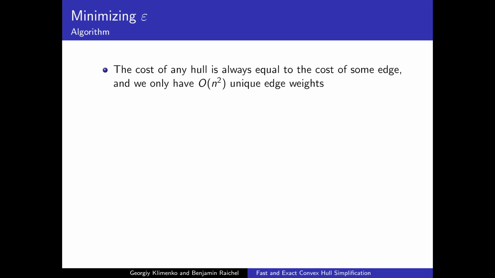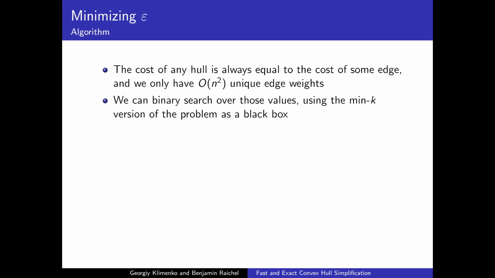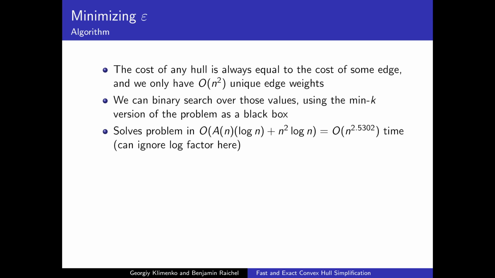So we can compute, sort, and search over them using the min k solution as a black box, as we did in the convex version. The difference is that n squared is no longer the bottleneck, so we do not need to sample.